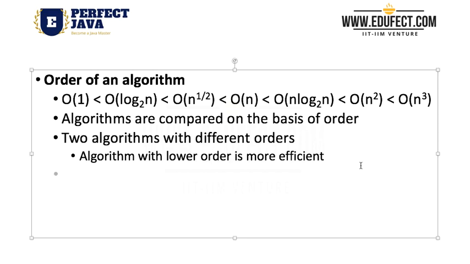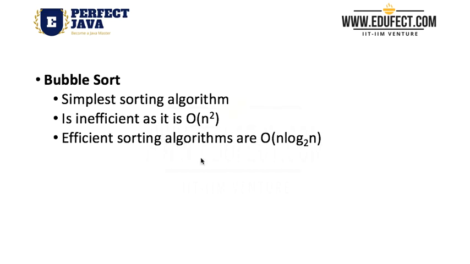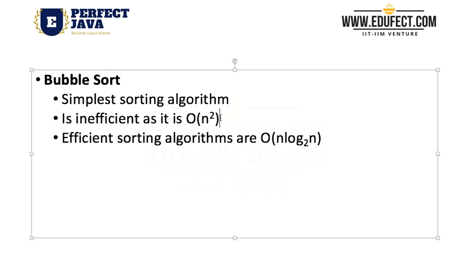Okay. So coming to bubble sort, it is the simplest sorting algorithm. It is inefficient as it is order n square. So bubble sort is an order n square algorithm, and the efficient sorting algorithms are order n log n. Okay. So the most efficient sorting algorithms are order n log n, and bubble sort is order n square.